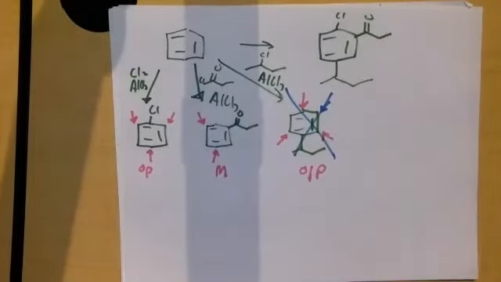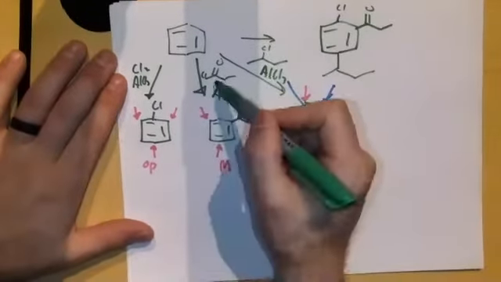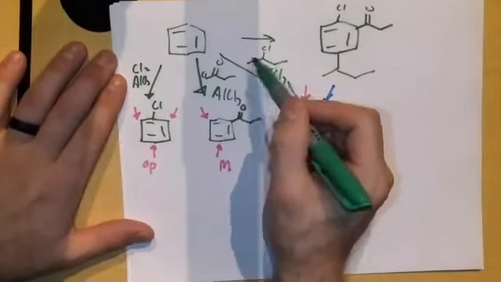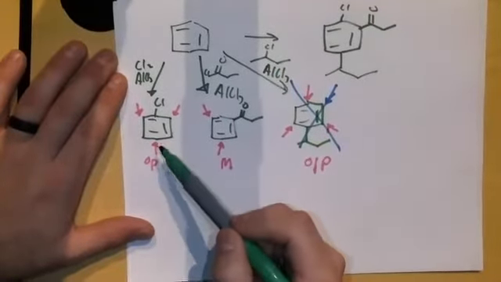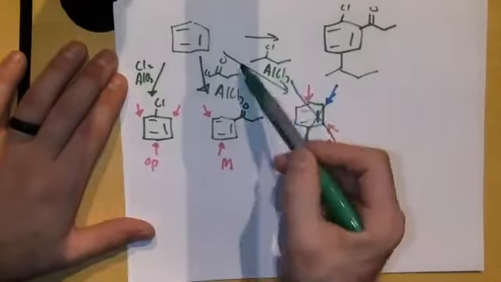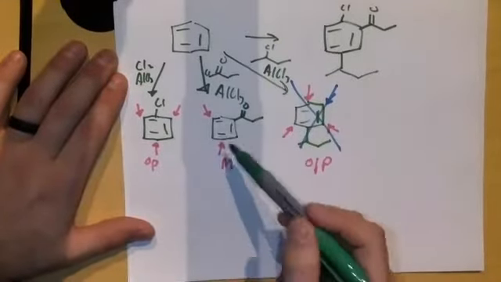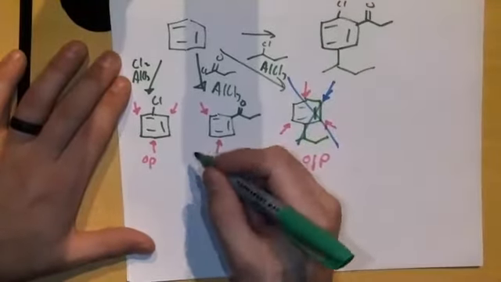These other two here, we want to probably alkylate both of them. So both the alkyl and the acyl groups are pretty big. If you put the acyl group in with this here, it's most likely to add para, as well as the alkyl group. For meta, it doesn't really matter. It only has one option.